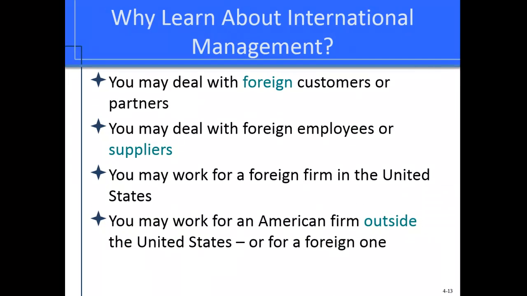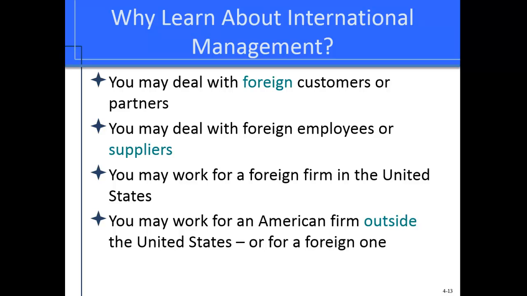Now, whether you travel overseas or not, the global market will come to you in one form or another. You may deal with foreign customers or partners. A foreign company may be a partner in a joint venture, and success may depend on understanding each other's cultures. You may also deal with foreign employees or suppliers.